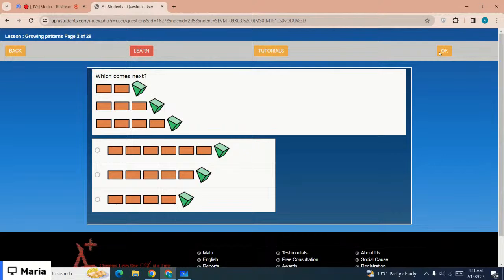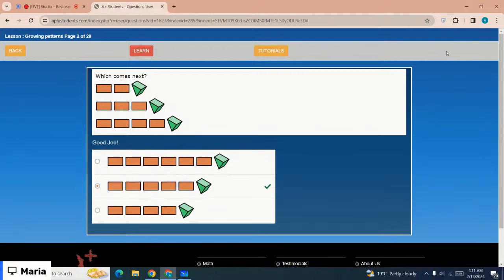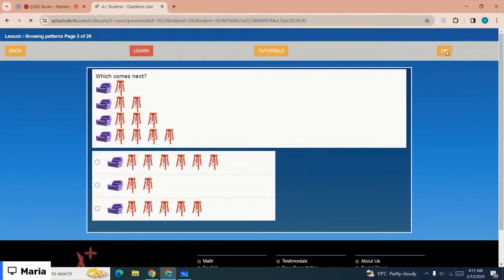The correct option is the second one, right? The second one is the correct option. Which comes next? Which is the correct option?